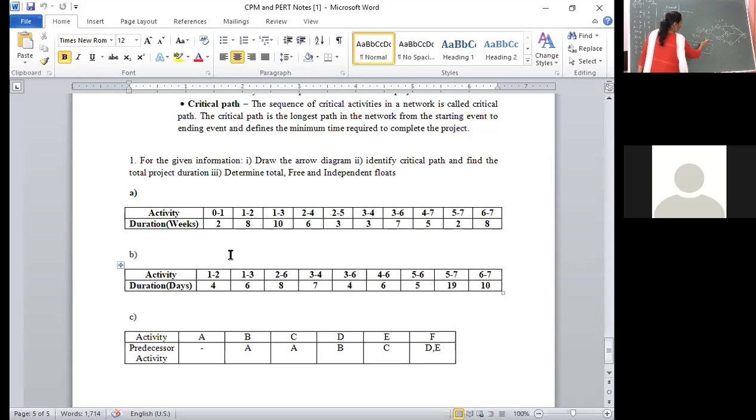Already you have computed the value of E1, which is 2, plus the time duration taken for this, which is 10. The value is 12, so E3 is equal to 12. Like that, you have to calculate all the values till E7. Shall I rub this? Everybody simultaneously make a note.